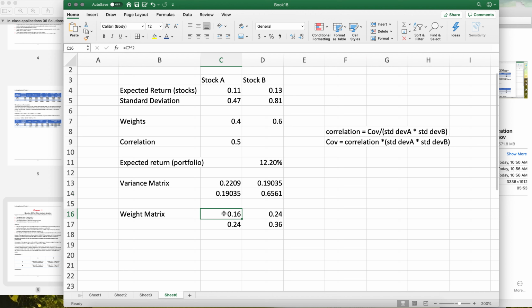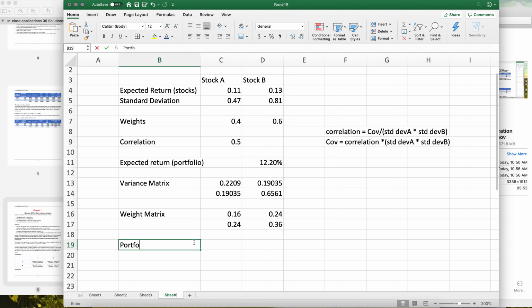And so the weight matrix sort of helps us properly weight the variances. So for instance, asset A will care about its weight here, but will also care about its covariances here because it has two possible relationships. The relationship of itself with asset B and asset B with itself. It's a little bit counterintuitive, and this to me is the hardest part of all these problems, but that's the way you have to do it.